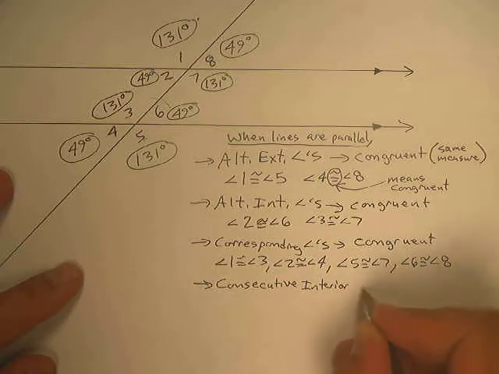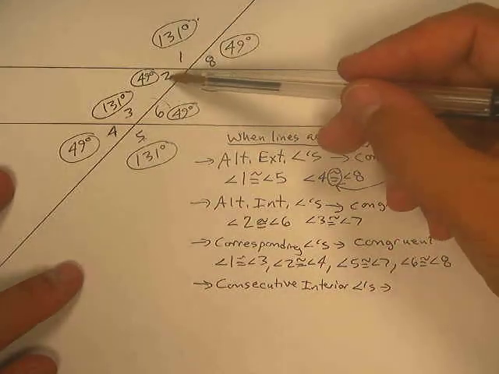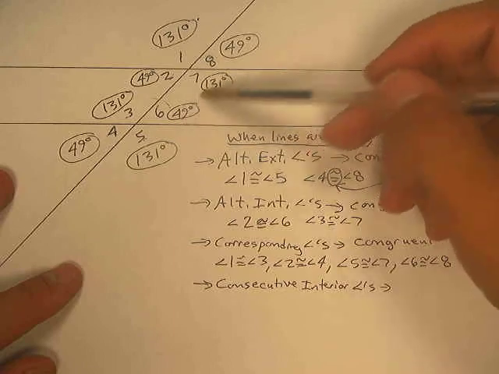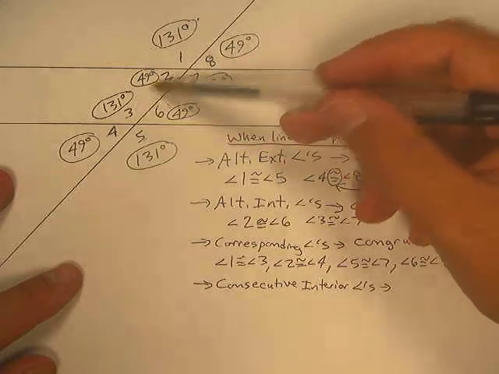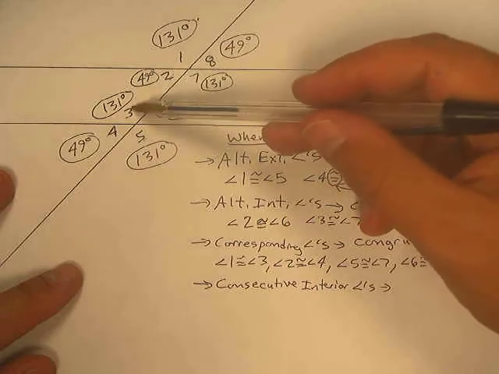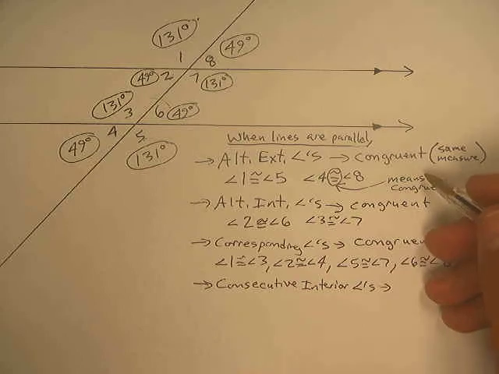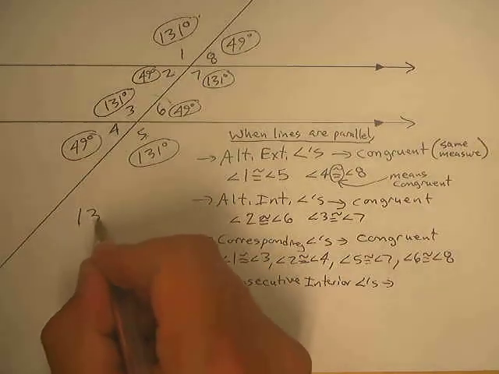All right, one pair with parallel lines that we didn't talk about yet is consecutive interior angles. Those are a little different. Those are inside, like 2 and 3, and 6 and 7 are consecutive interior.